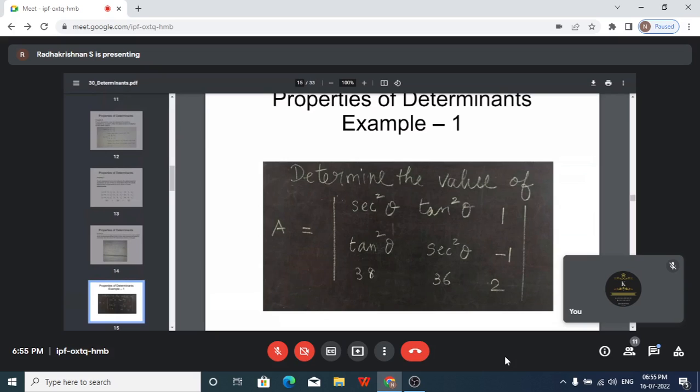Now if you look at this, since secant square theta equals tan square theta plus 1, we can do one transformation without changing the value of the determinant.